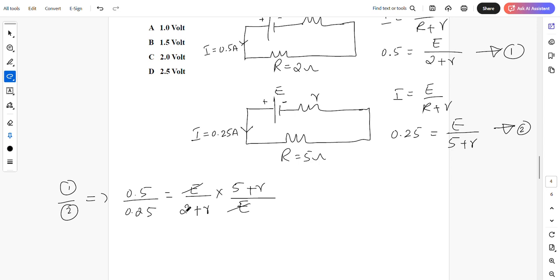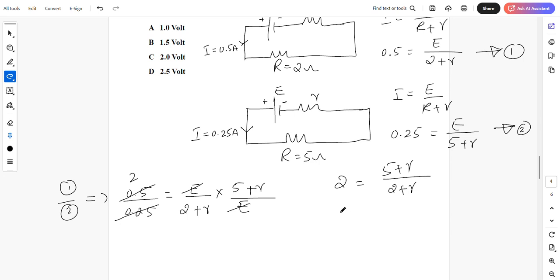Understood? Here we are cancelling E to calculate small r. Then later we will see. Now 0.5 by 0.25 is 2, so 2 is equal to 5 plus r divided by 2 plus r.